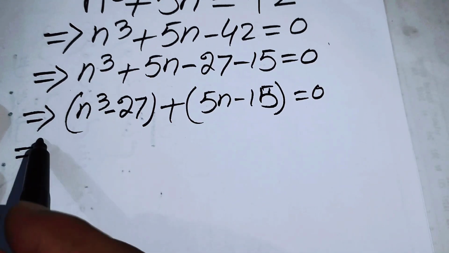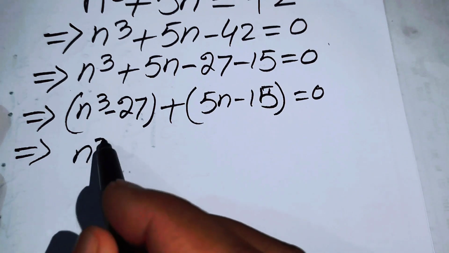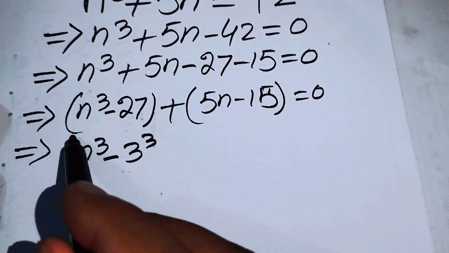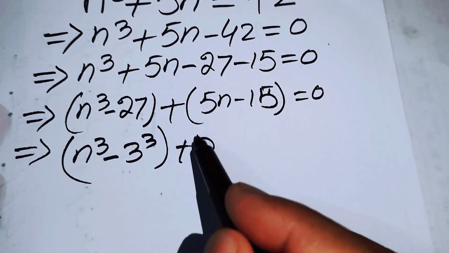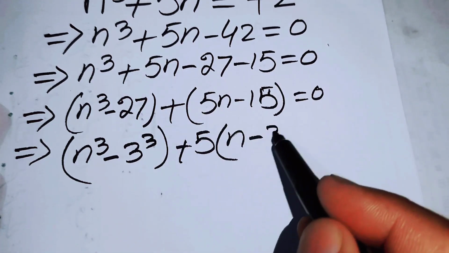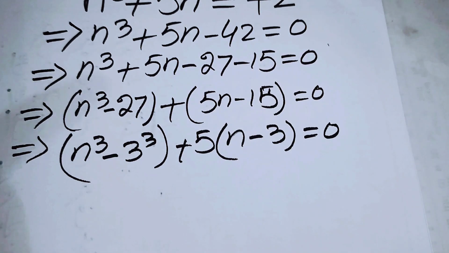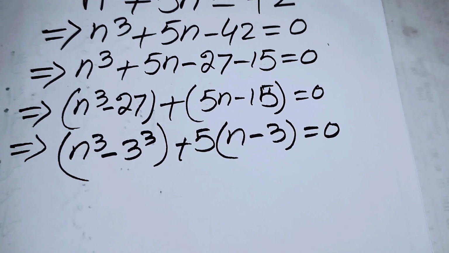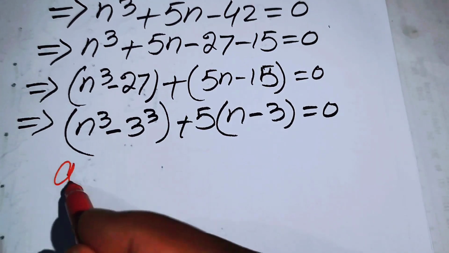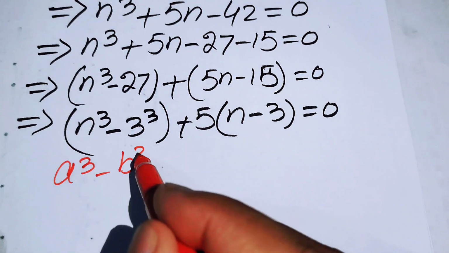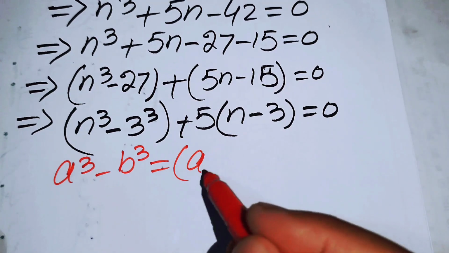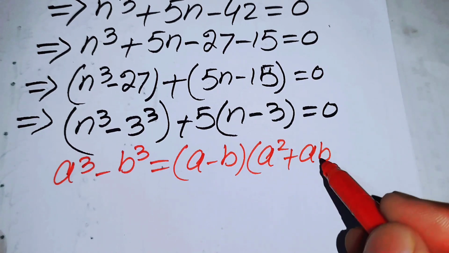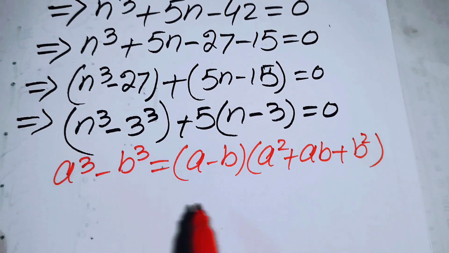After this step I can rearrange these terms, and we write n cubed minus 27 as 3 cubed, and plus we take common 5 from these terms, and you get n minus 3 is equal to 0. After this step we will use the nice cubic formula, and you know that a cubed minus b cubed is equal to a minus b times a square plus ab plus b square.